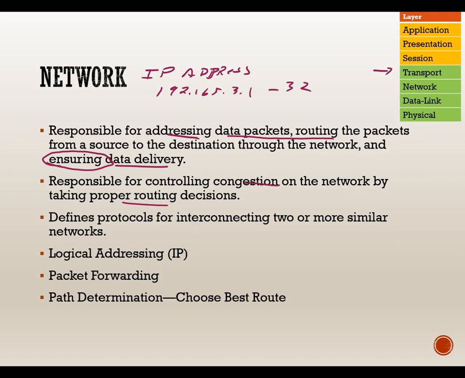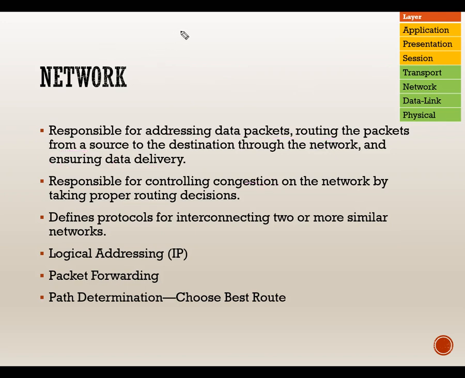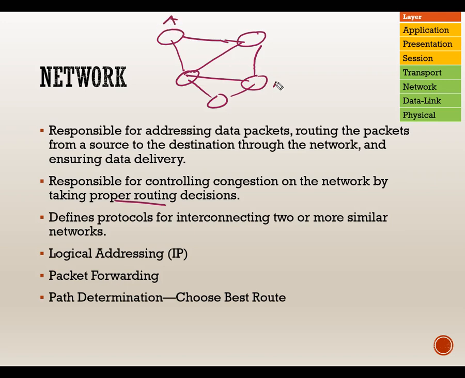Again, let me get rid of some of this. So if we had, and I usually use a circle for routers, if we have a bunch of routers here, and we're going to have multiple paths to get from one location to the other, it would be responsible for controlling the congestion on the network by making the proper routing decisions, sending it to maybe the most efficient, or at least to the correct location or the correct interface to get from point A to point B. And here we see we have multiple paths.